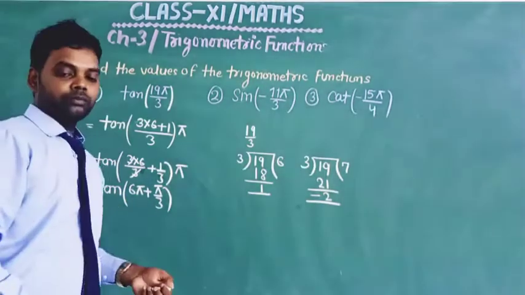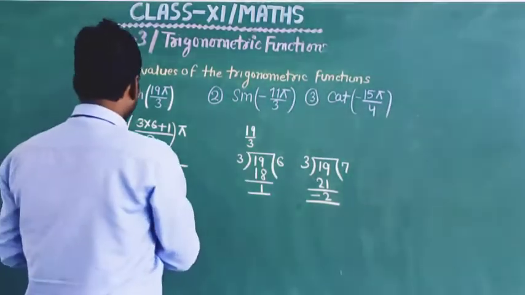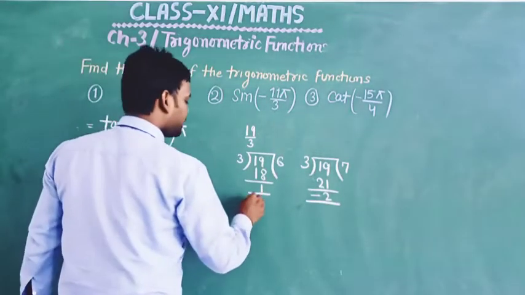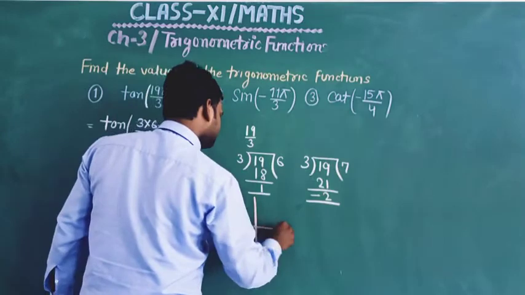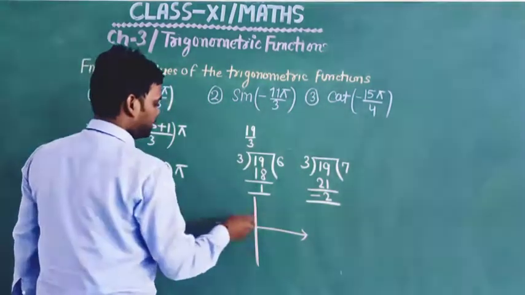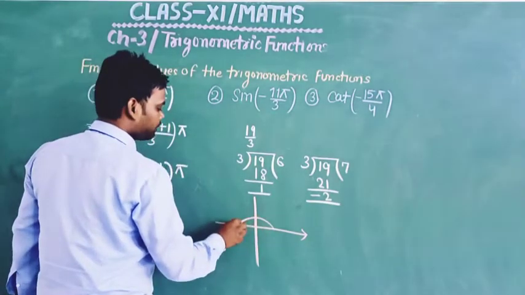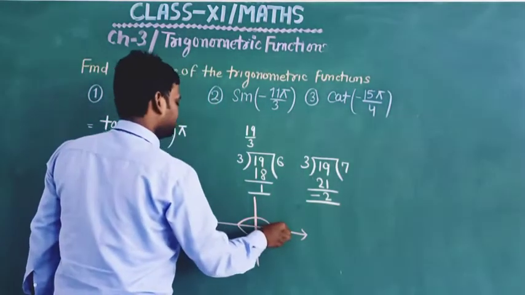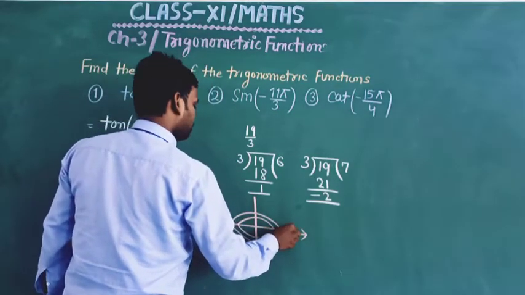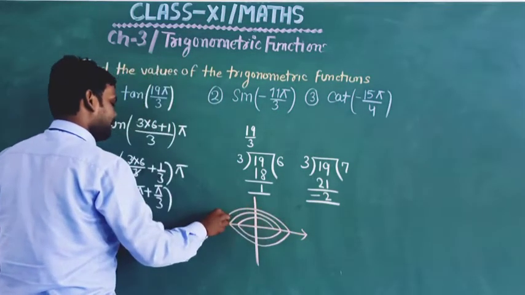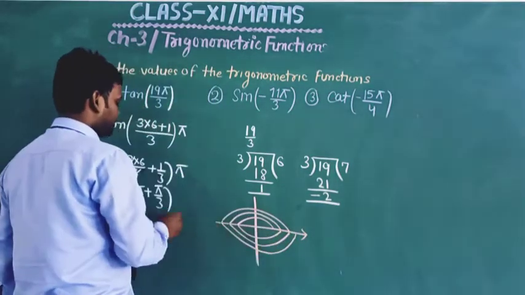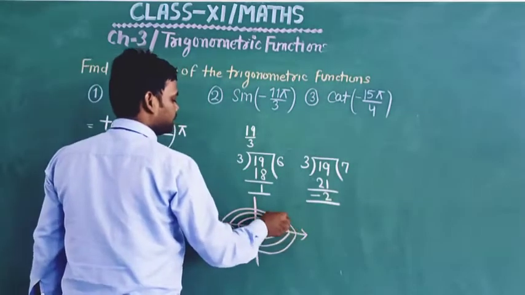And here we observe that 6π plus π/3 lies in which quadrant? Now check. This is 1π, this is 2π, 3π, 4π, 5π, 6π. Then 6π and plus π/3 is here.